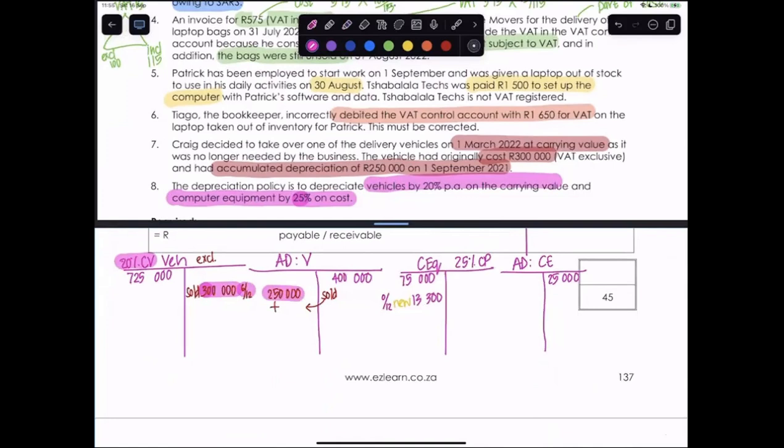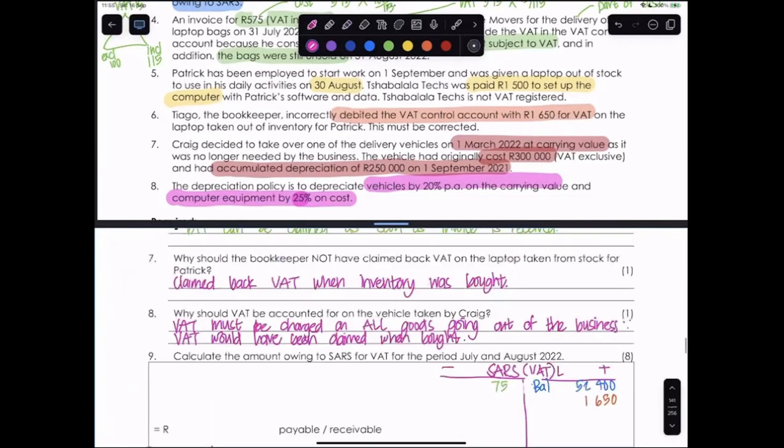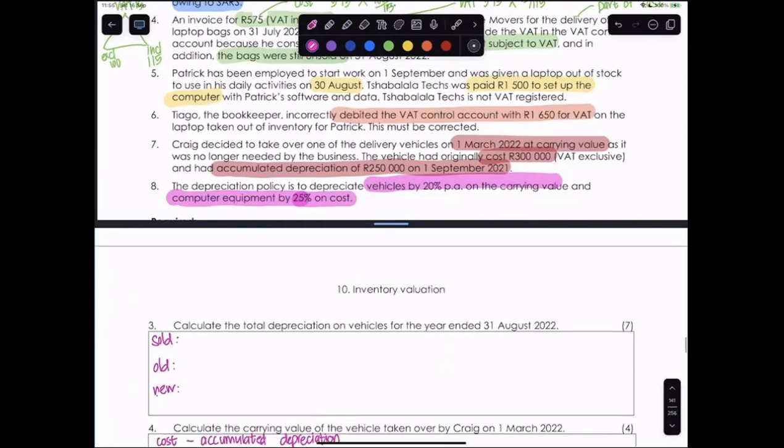So it's quite complicated. Let's quickly go and show that in the calculations. It would be the 300,000 minus the 250,000 accumulated depreciation. So that's the cost minus the ACDEP. And then you would say times 20% times 6/12.